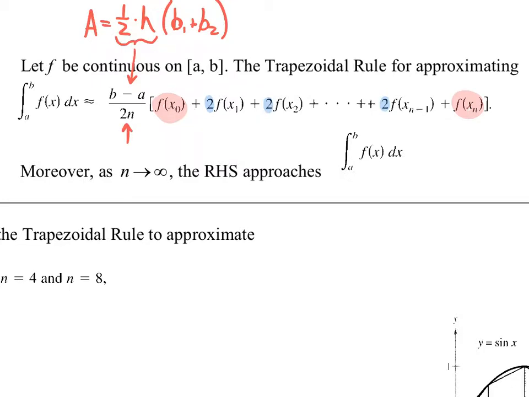Now, as we did with the Riemann sums, as the number of trapezoids approaches infinity, this sum is going to approach the actual value of the integral. Okay? So we can just make n bigger and bigger and bigger, and we can get closer and closer and closer of an approximation.